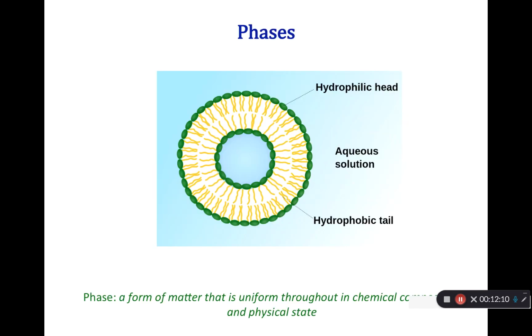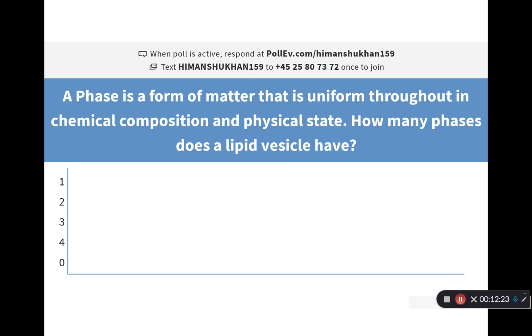Here is another example, a lipid vesicle, which consists of a lipid bilayer which closes upon itself. There is water inside and a lipid bilayer outside, and the question is, how many phases does a lipid vesicle have? Does it have 1, 2, 3, 4, or 0 phases?